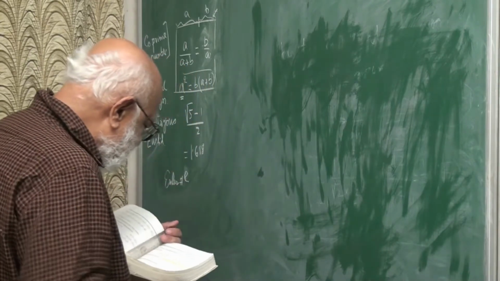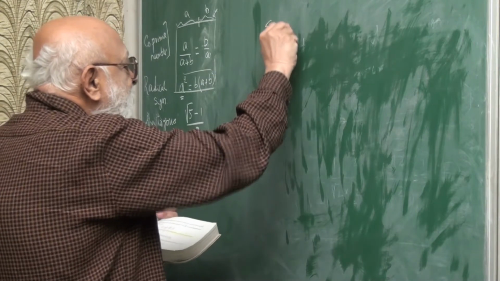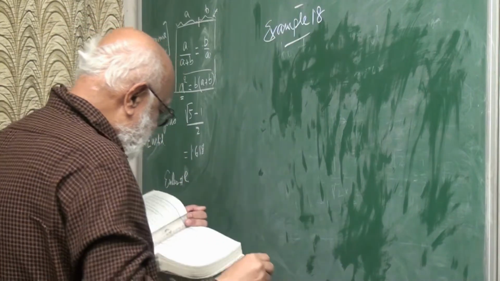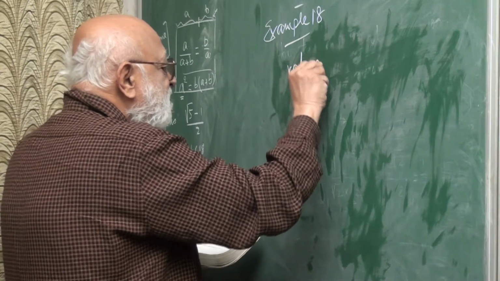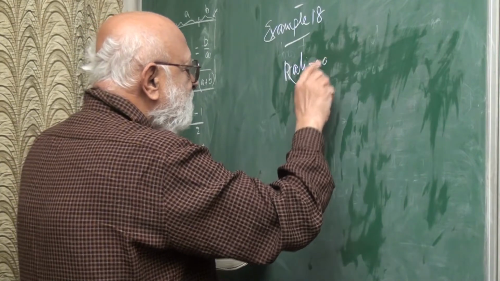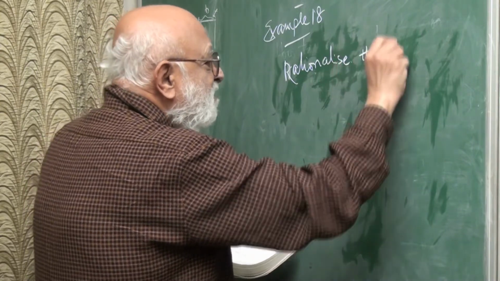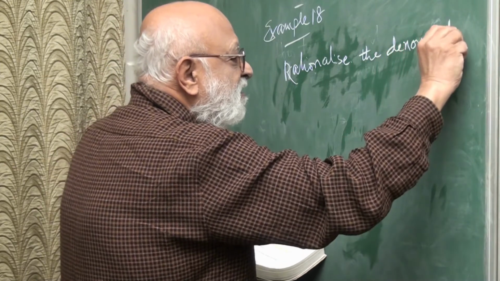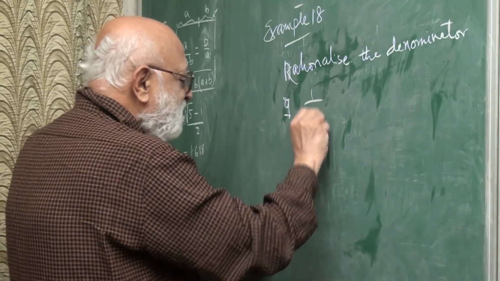Okay, now it says example 18. What does it say? It says rationalize the denominator of 1 upon 2 plus root 3.